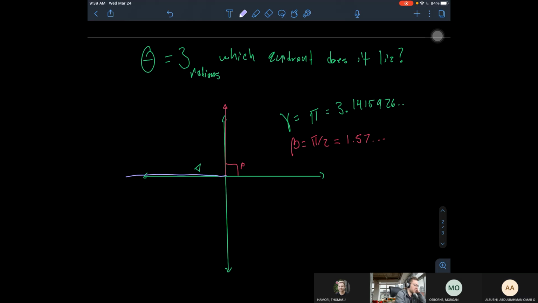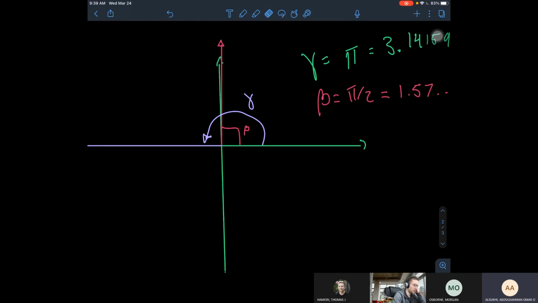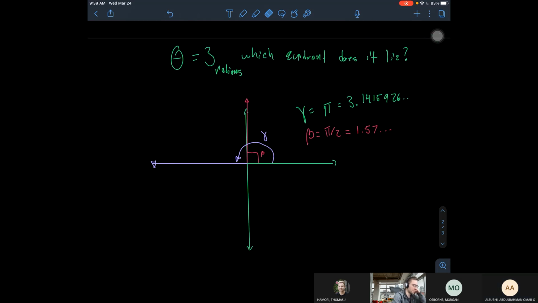We have gamma facing directly to the left, and we have beta facing directly up.